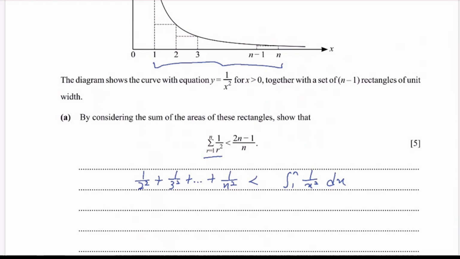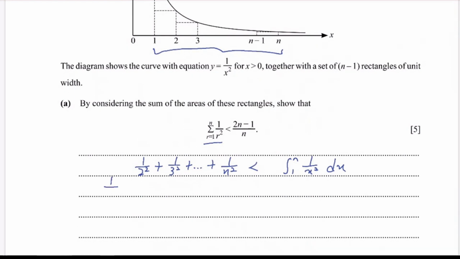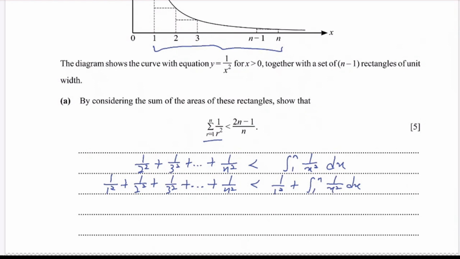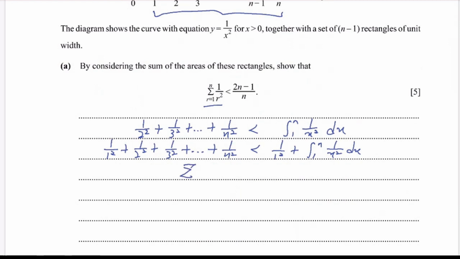So the method to deal with that is we can add the term to the left hand side, and also do the same thing to the right hand side. So the integral is not affected at all. We are still able to find this integral. So the left hand side becomes the sum from r equals 1 to n of 1 over r squared, which is less than 1 plus, so we just integrate this one.